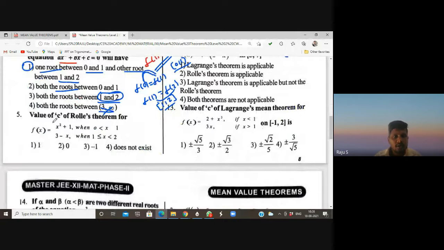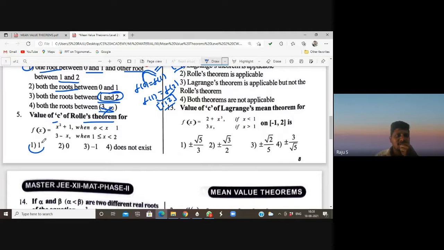Okay, the value of C in Rolle's theorem. See students, to apply Rolle's theorem, the interval given is 0 to 2, the open interval 0 to 2, starting value 0, ending value 2.